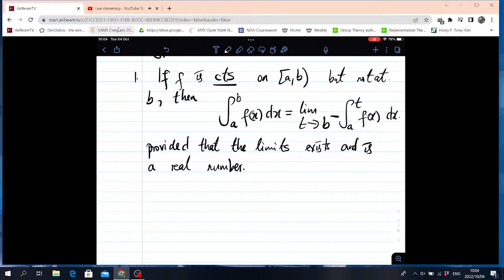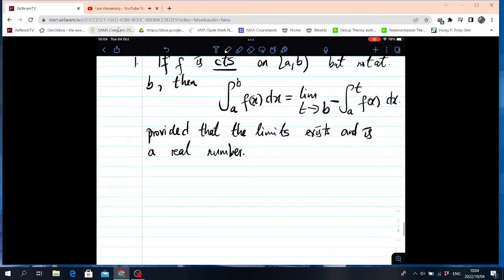We want it to exist and to be a real number. If it does, then we say the integral is convergent.